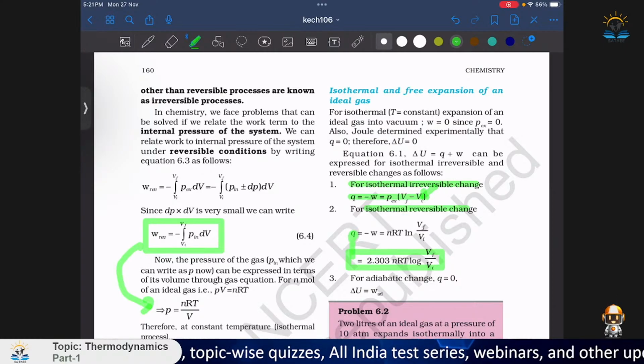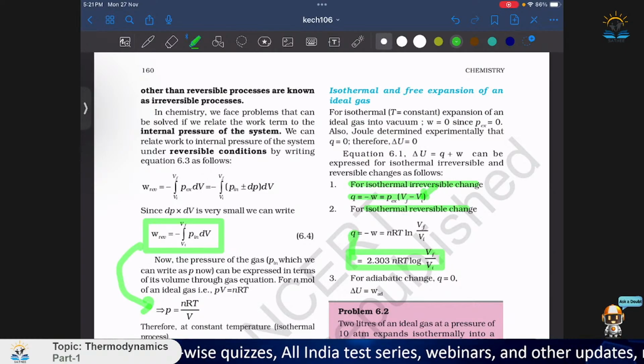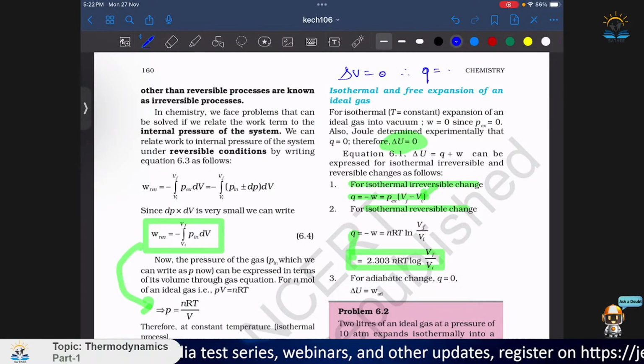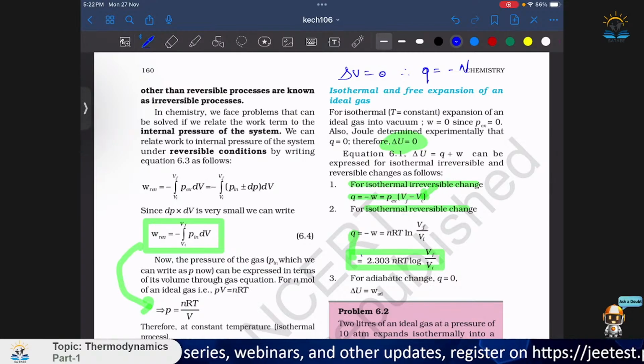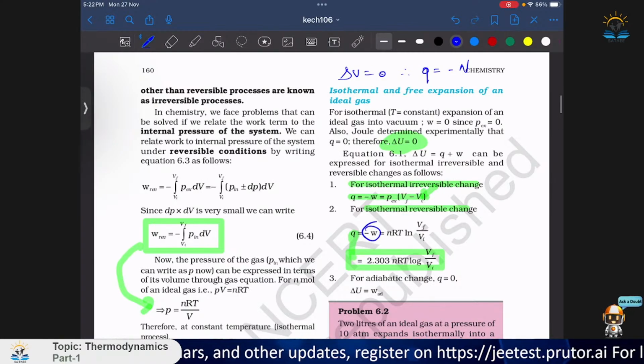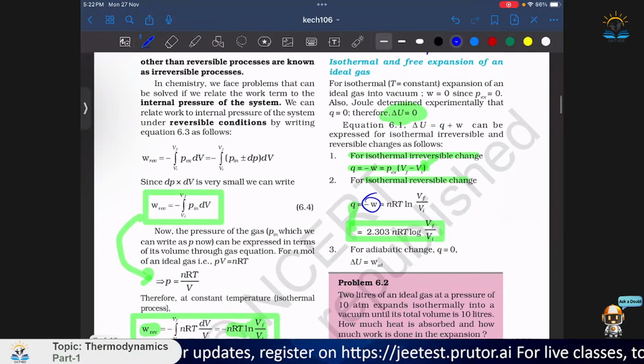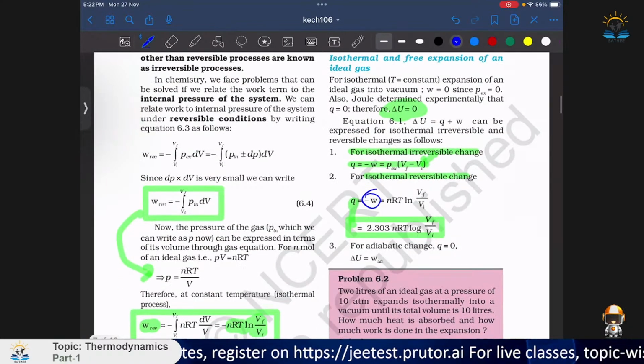These are all the values of heat, okay? Because at isothermal delta U is equal to 0. If delta U is equal to 0, then Q is equal to minus W. That is why there is no minus sign in front of 2.303, because it is equal to minus W, so the minus sign gets cancelled. We have the formulas for heat also now.